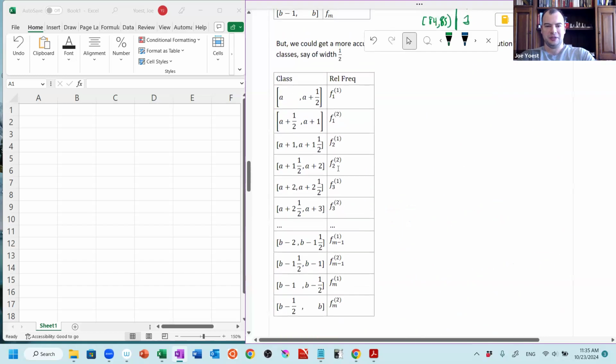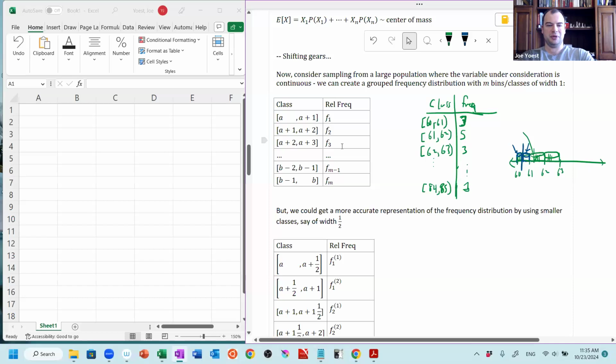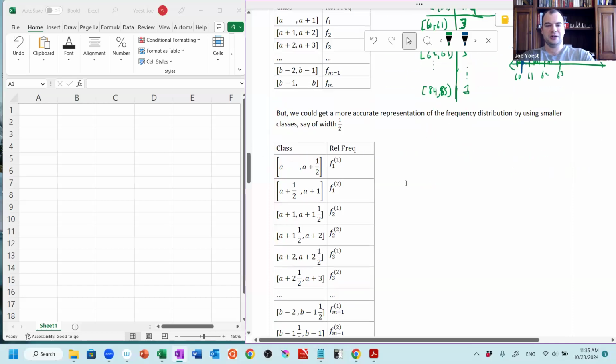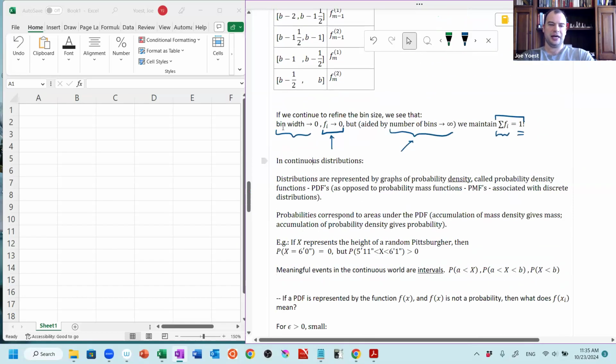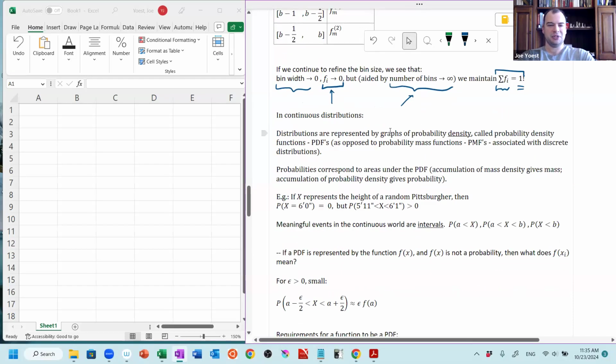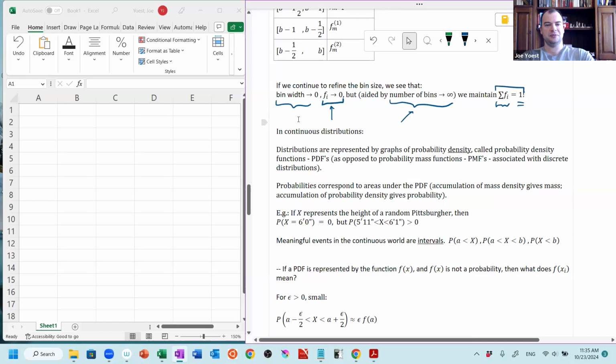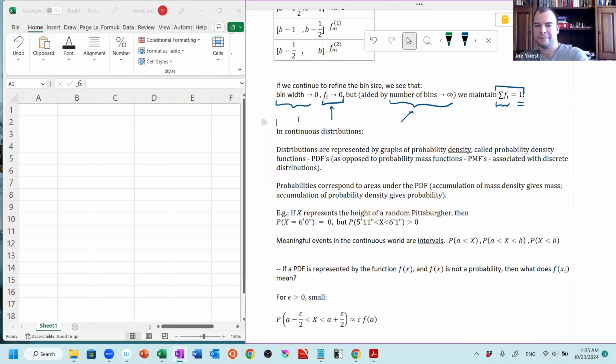If I refine my bins further and further, I don't really have a mass anymore, but I have something that's more like a mass density. It would be like grams per centimeter or something like that, instead of just grams.